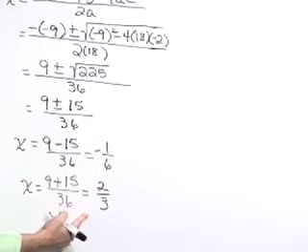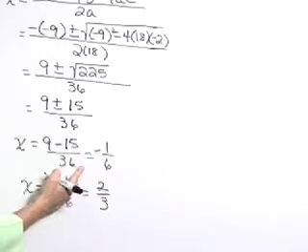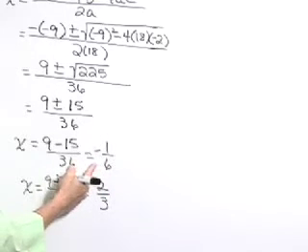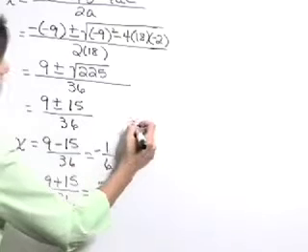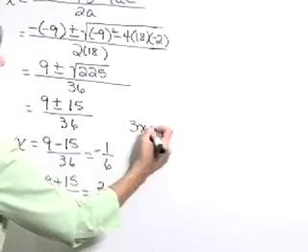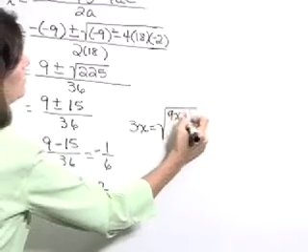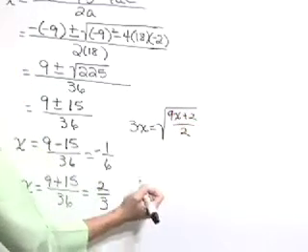Now it's wise to check these solutions, as we did have to use our power rule and square both sides of our equation above. I'm going to check x equals negative 1/6 in our original equation. That original equation was 3x equals the square root of (9x plus 2) over 2.